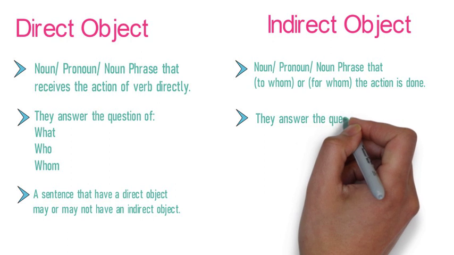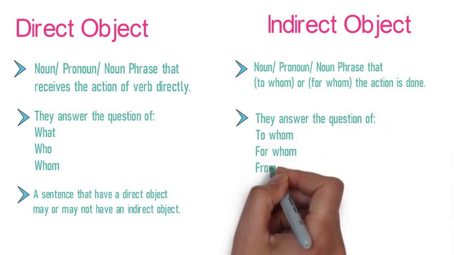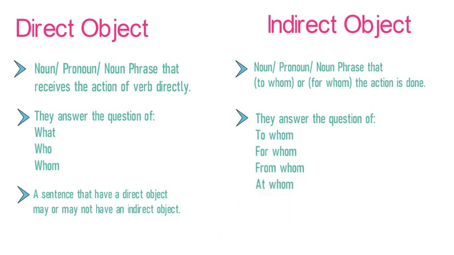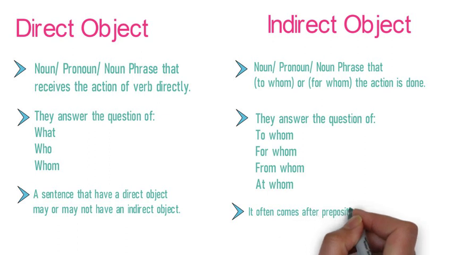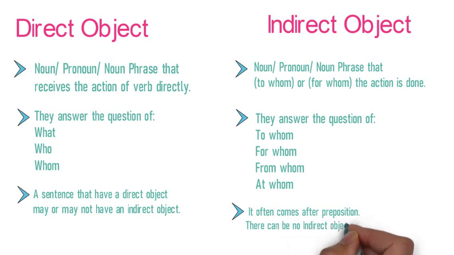Indirect object answers the question to whom, for whom, from whom, at whom. It often comes after prepositions. There can be no indirect object without a direct object.